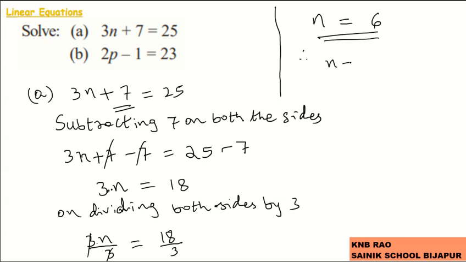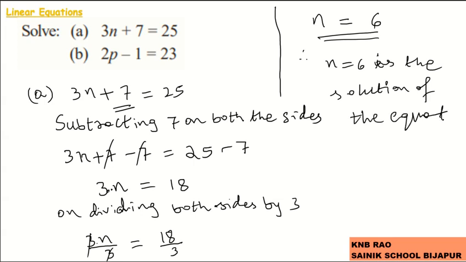So, we say n equals 6 is the solution of the equation 3n plus 7 equals 25.